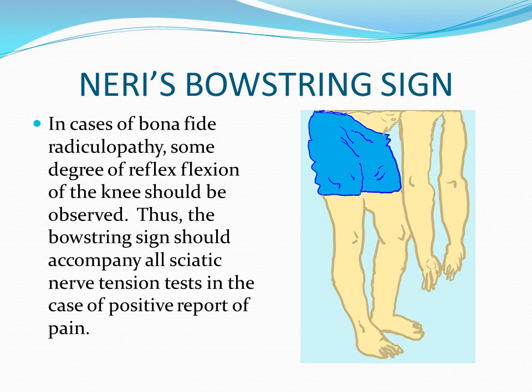So if you don't see a positive bowstring sign with lumbar spine range of motion standing, but the examinee does report pain with straight leg raising test, those findings would be inconsistent and may raise your suspicion for symptom magnification.